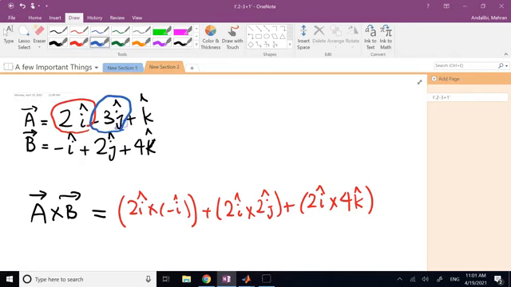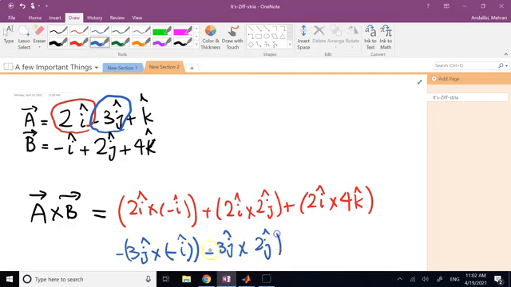Now they go to this negative 3J, so it will be negative 3J cross negative I, negative 3J cross 2J, and negative 3J cross 4K.